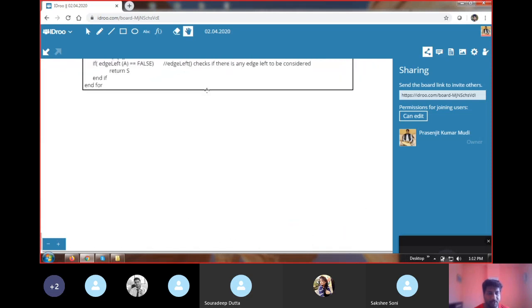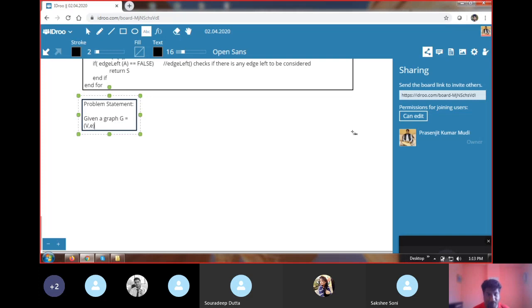So the problem statement is: given a graph G equal to V comma E, we have to find a vertex cover.